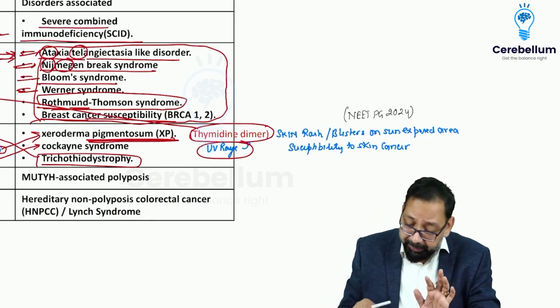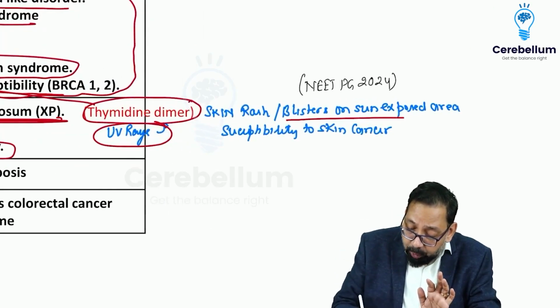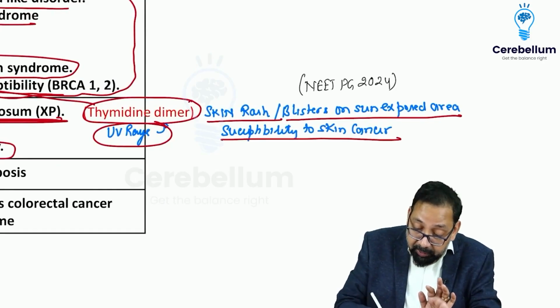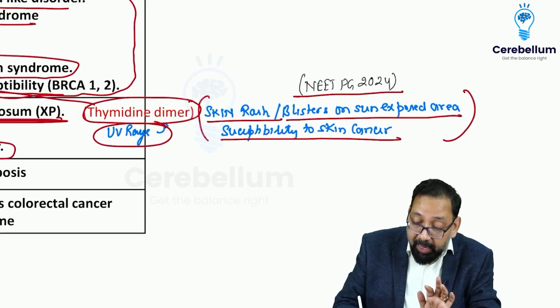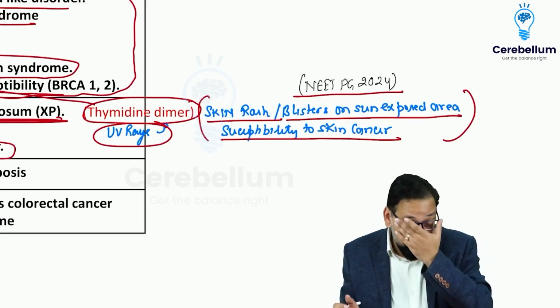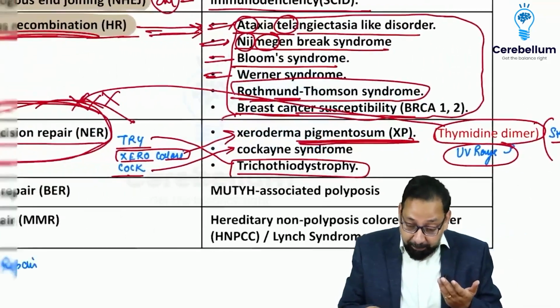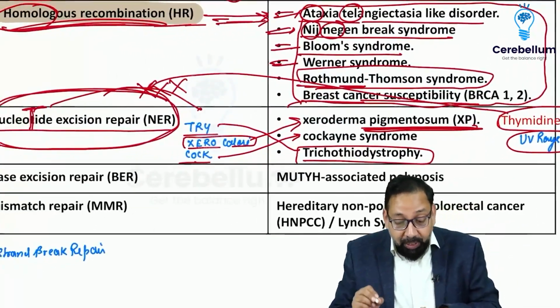In these patients there is a blister on sun exposed area, skin rashes would be there, susceptibility to skin cancer. This clinical scenario they will give and they will ask, which disorder is this? Xeroderma pigmentosa. Which DNA repair defect mechanism is there? Nucleotide excision repair. Mnemonic: try 0 calorie coke.